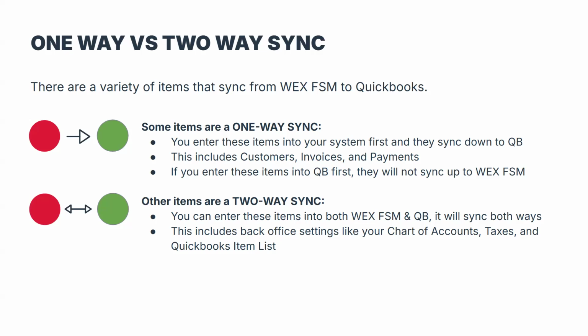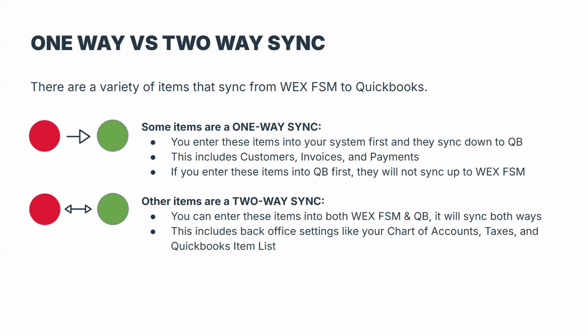Those are one-way sync items. Two-way sync items are your chart of accounts, your taxes, your QuickBooks item list, more of those back office settings. And those are items that will sync both ways. So you could enter those or update those in QuickBooks, and that will sync up to WEX FSM and vice versa.